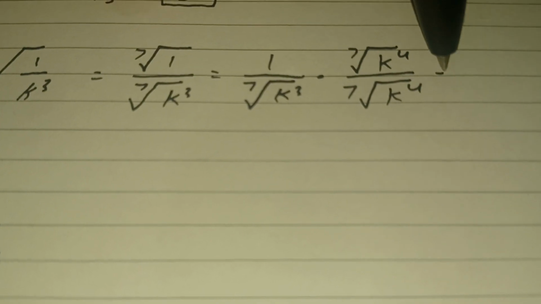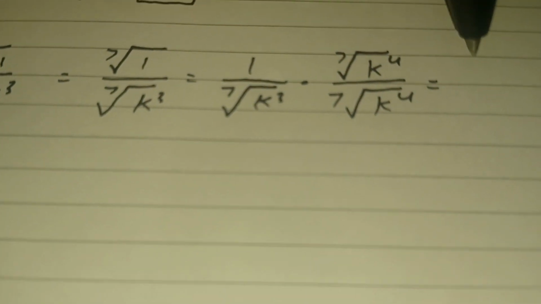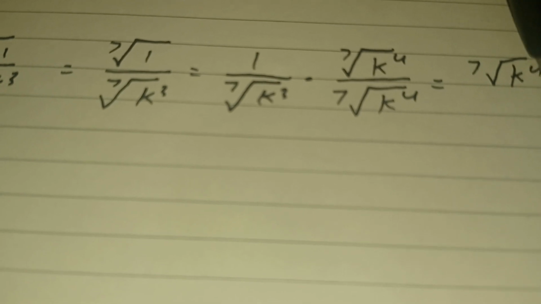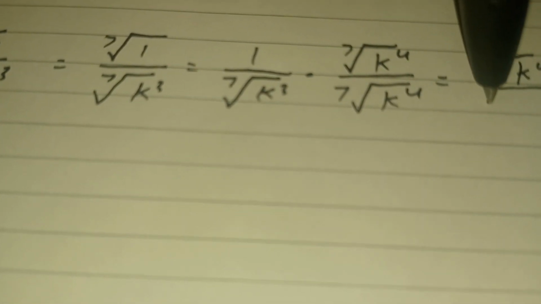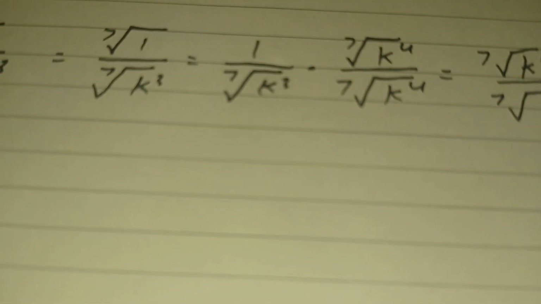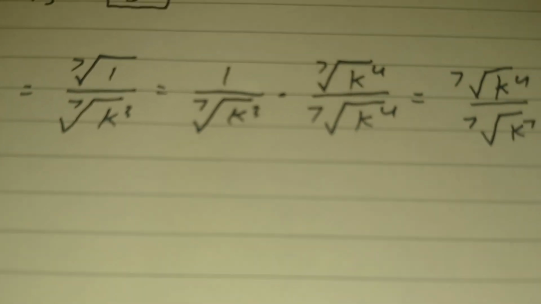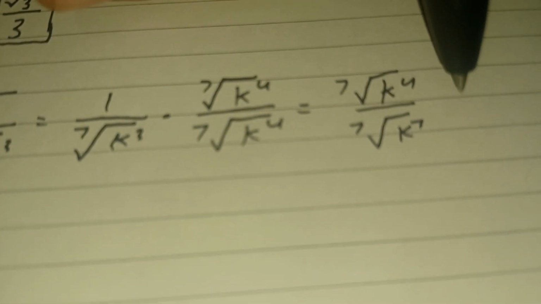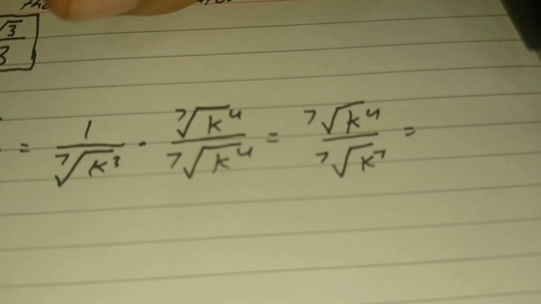So this gives us the 7th root of k to the 4th power over the 7th root of k to the 7th power. Using the property here, we cancel out the 7th root from the denominator.